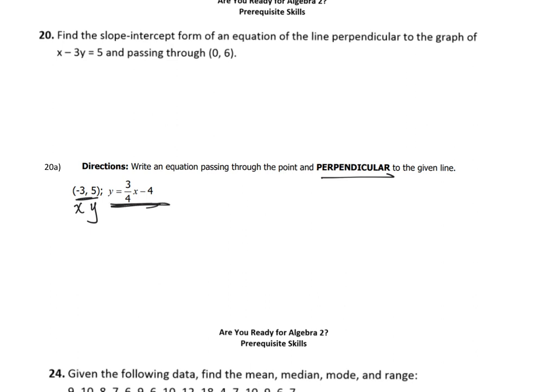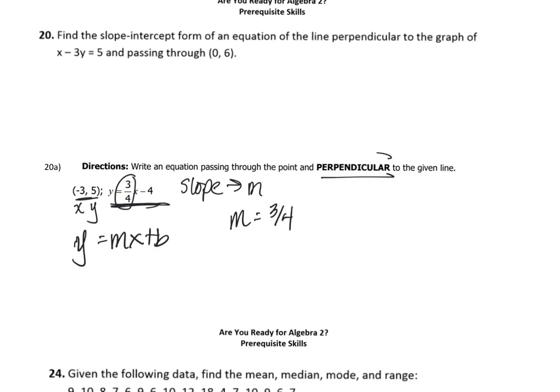The part that I need from this line is the slope, which is represented by the letter m. So again, go back to y equals mx plus b. Slope is m, so the number in front of x, okay, m is equal to 3/4. But then I have to remember, I want to make a perpendicular line to this one.